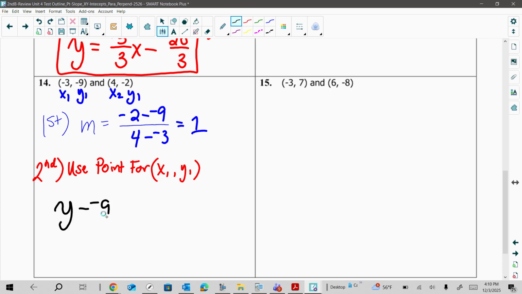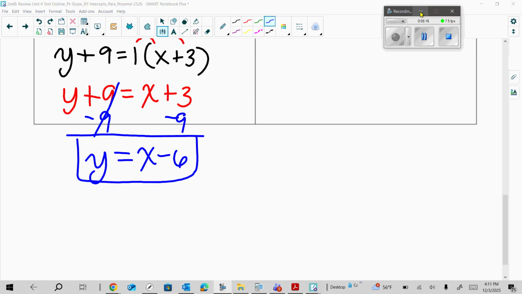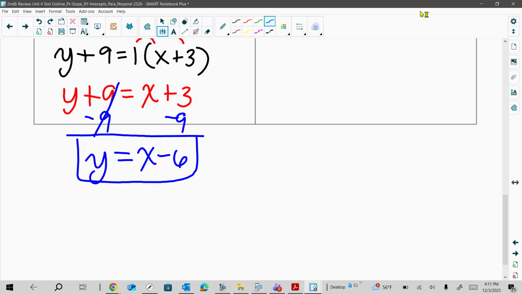Remember, we do the opposite of that sign, so this is really y plus 9 equals 1 parentheses x plus 3. And then we are distributing and solving for y. So go ahead and see if you can get to that. I'm just going to pause. All right, you should have got y equals x minus 6.